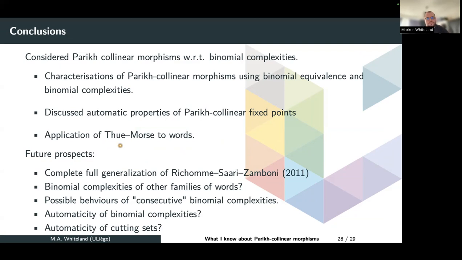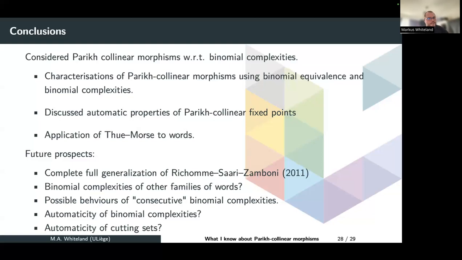Now, what we might want to do in the future is, as I mentioned previously, complete the full generalization of the theorem of Grisham, Sari, and Zamboni. We're also inspecting the binomial complexities of other families of words. I briefly mentioned some known results.